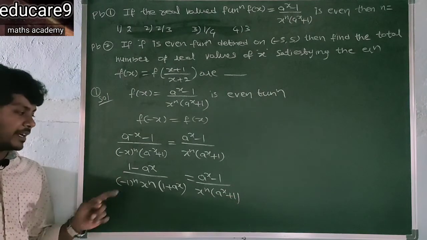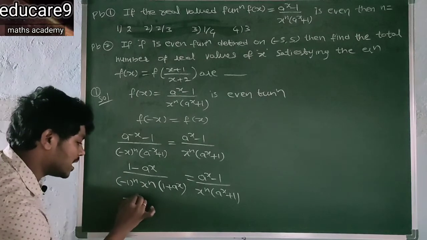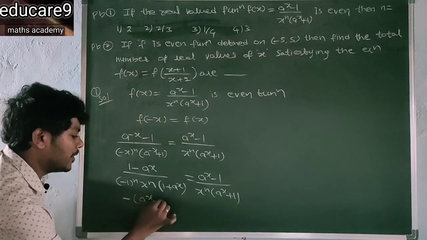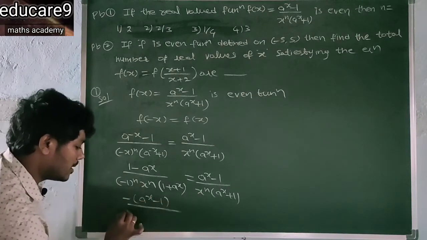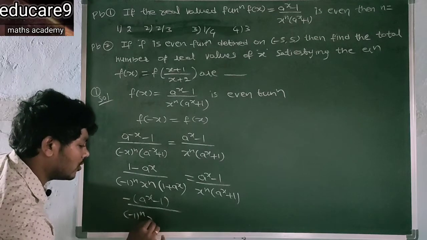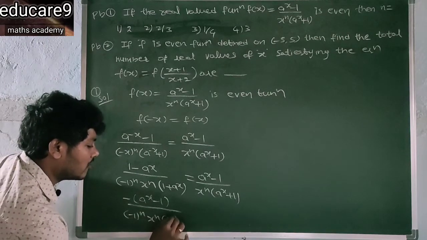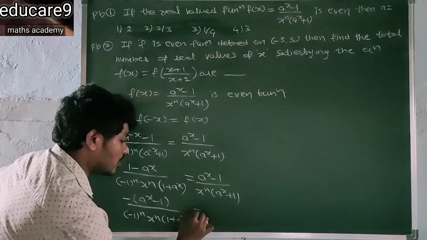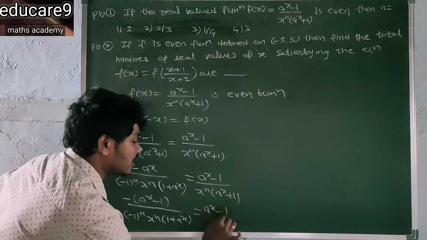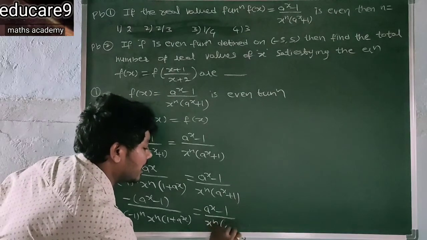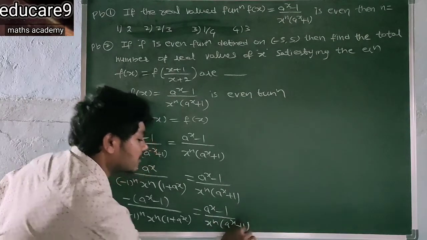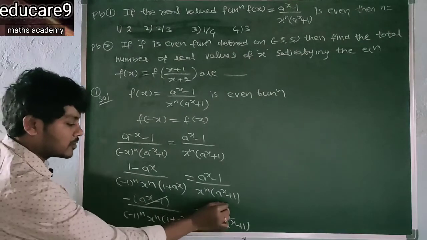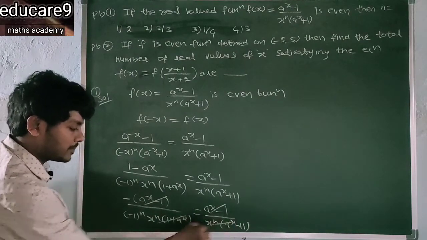Now this can be written, taking minus common, as −(a^x − 1)/((−1)^n x^n (1 + a^x)) equals (a^x − 1)/(x^n (a^x + 1)). So clearly this term should be cancelled.